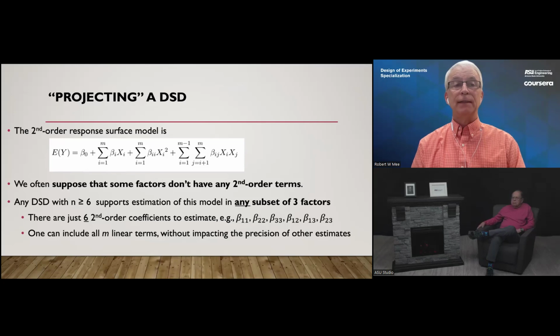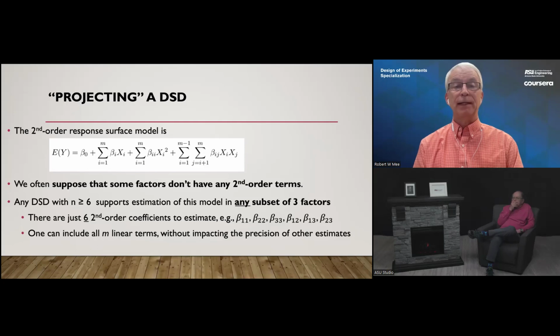So here's that response surface model again. If some factors don't have any second order terms, then we can project the DSD into fewer factors. And the good news is, if there are 3 factors that have no second order terms, then I can estimate all the remaining second order terms.